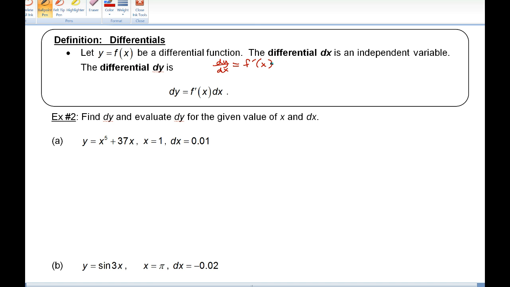It's just notation. Imagine if you were to multiply both sides by dx, then you can find dy. So if I multiply by dx, these cancel, so I'm left with that result. So dy is equal to f prime of x dx.